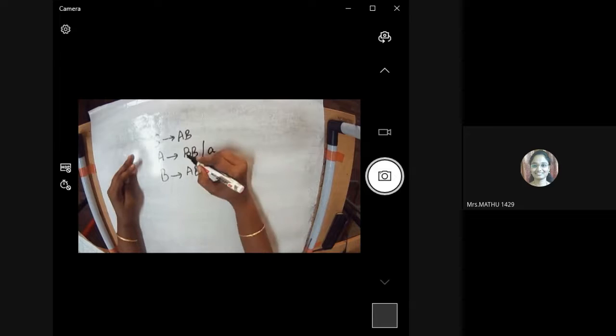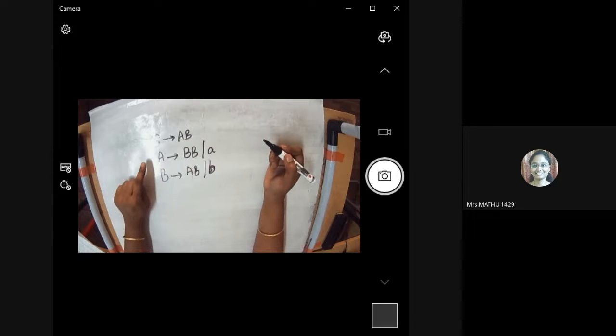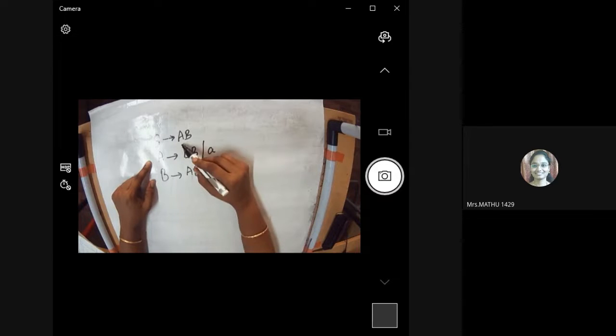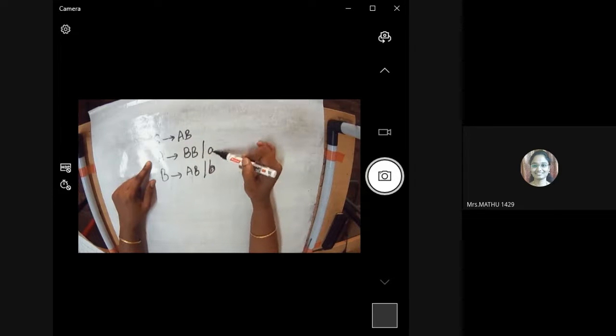As I told you, this membership algorithm will be applicable only if the grammar is in CNF form. Now if you check, the grammar is given in the CNF form. All the productions have exactly two variables on the right hand side, or only one terminal. So this is in the CNF form.